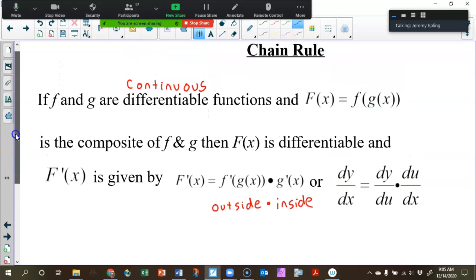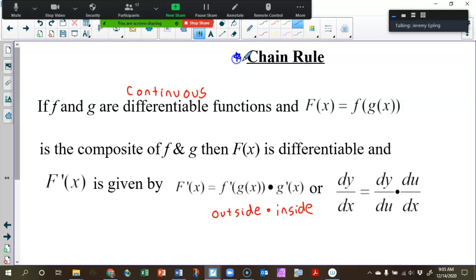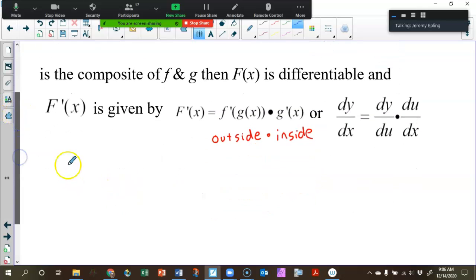Are there questions with this brand new, really important shortcut called the chain rule? All right. Then let's look at a really, really good little example. The sine of the cosine of x cubed plus 3.